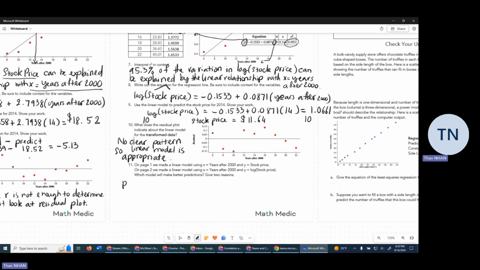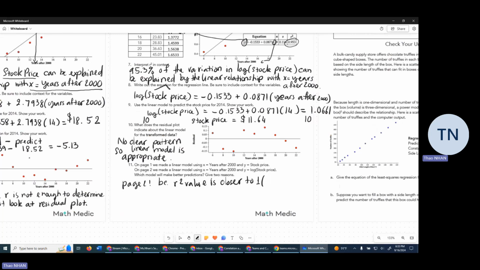So we're going to say page 2 is the one, because the R squared value is closer to 1.